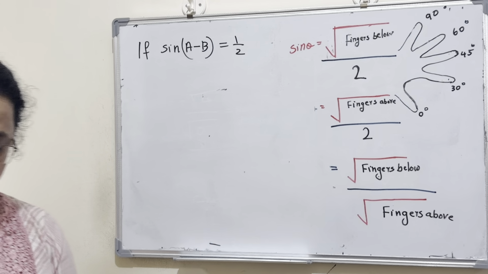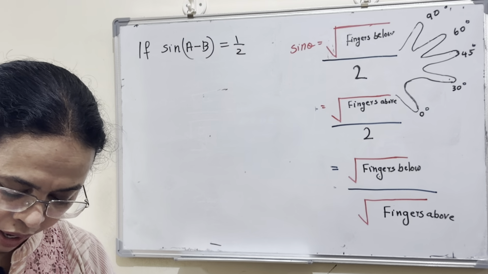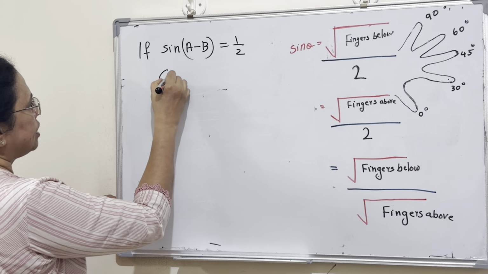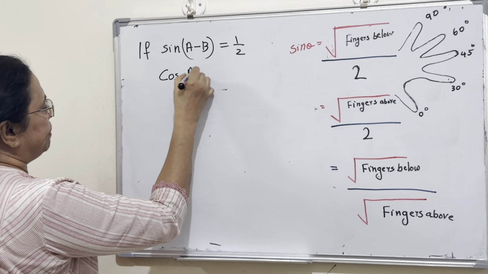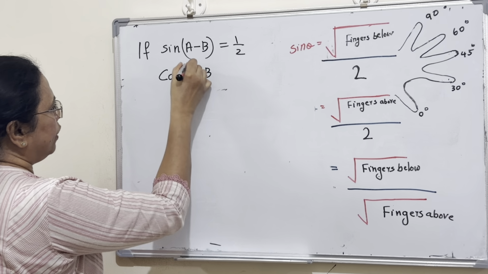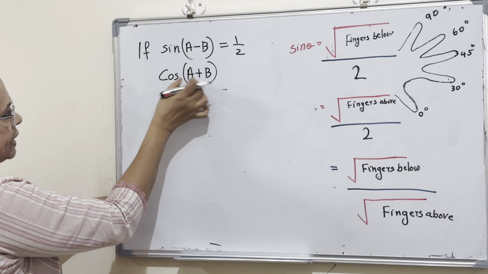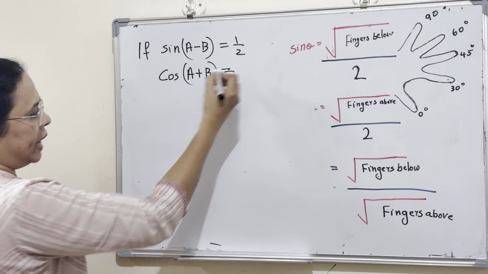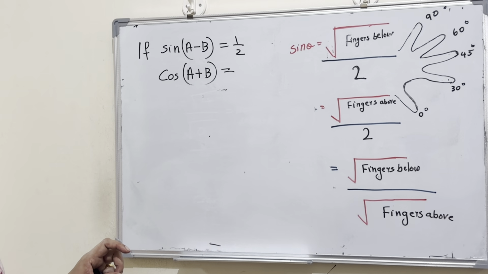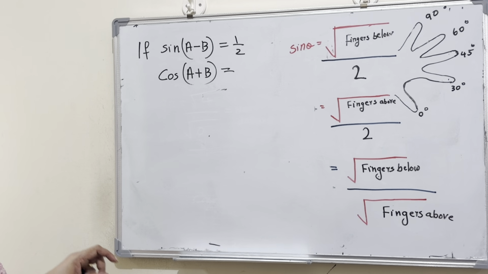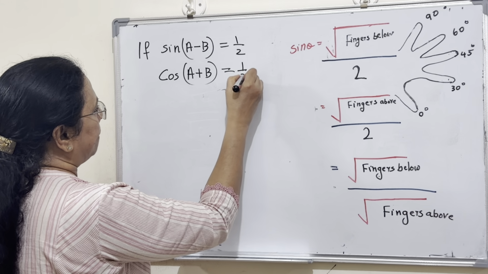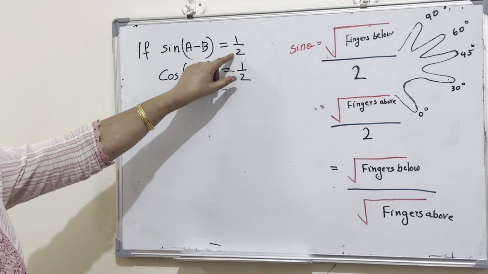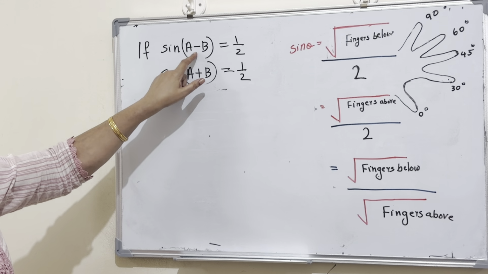And cos of A plus B is again half. So whatever you are writing on the right hand side of this trigonometric ratio, this is an angle. Okay. So you should understand that this ratio is this much. So what should be this angle?